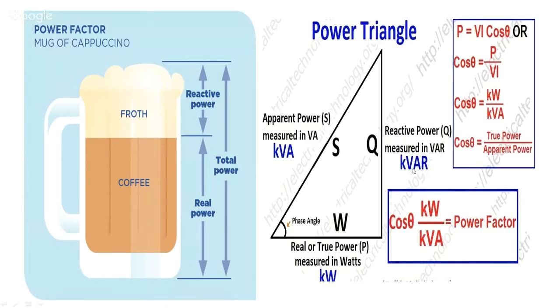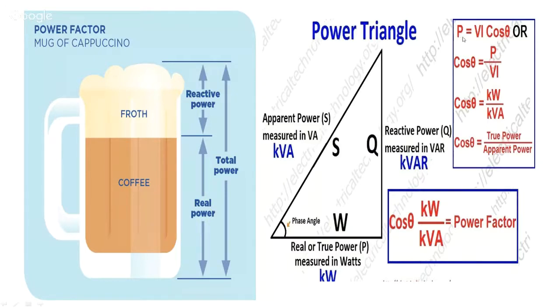The bigger unit of this is kVAR, kilovolt ampere reactive. Similarly, watt is the smaller unit and kilowatt is the bigger unit of power. The resultant here is the apparent power, which is measured in VA, volt amperes, and the bigger unit is kVA, kilovolt ampere.